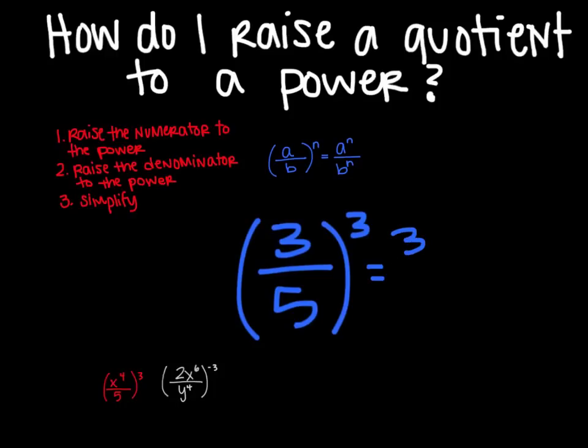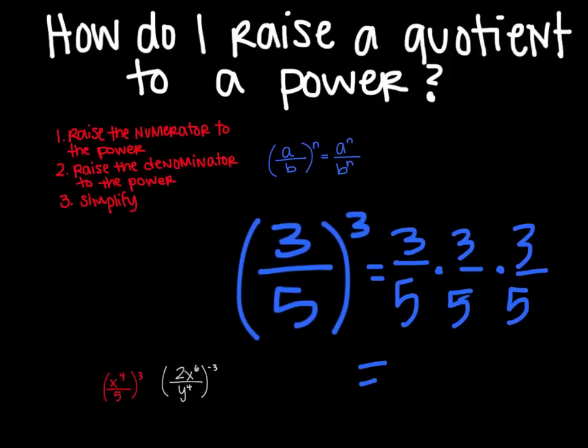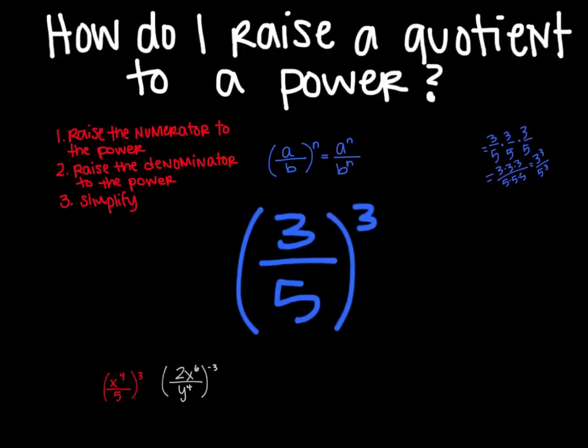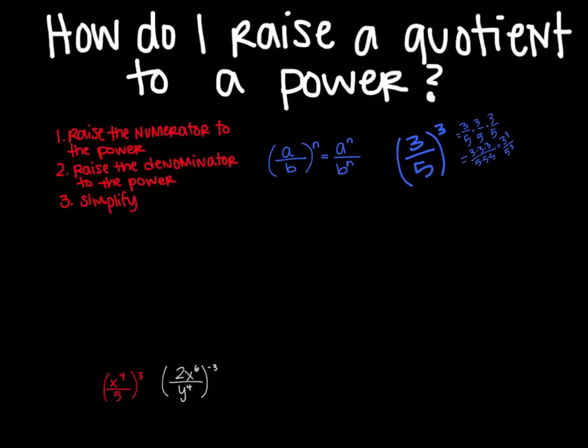And then, with this example, I can show you why this works. This is saying we have 3/5 times 3/5 times 3/5, which really is the same thing as saying 3 times 3 times 3 over 5 times 5 times 5, which is 3 to the 3rd over 5 to the 3rd, which is the reasoning behind why you can follow those rules.